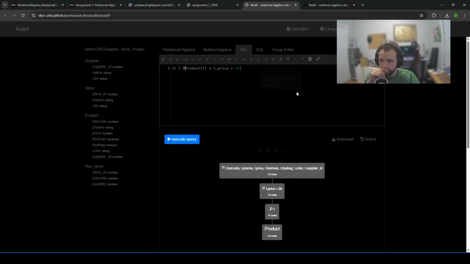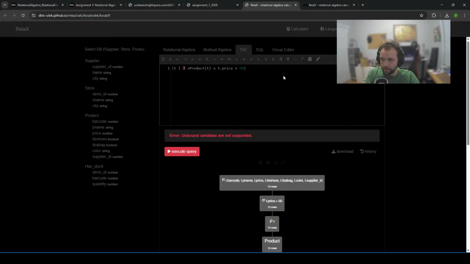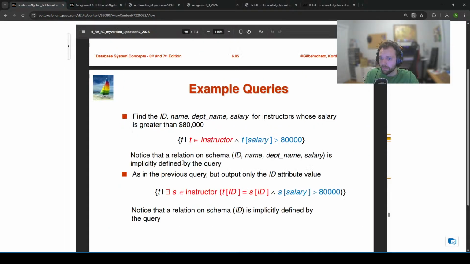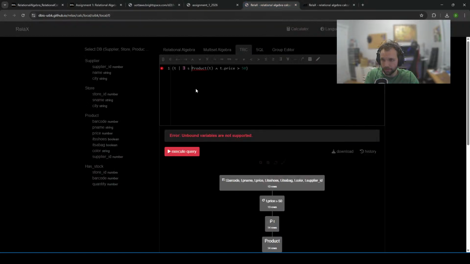So use it. There exists S such that T such that there exists an S in it that belongs to instructor or product.